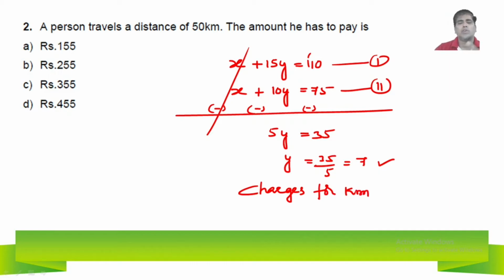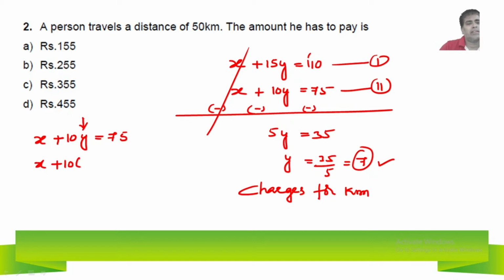So how much are they charging? 7 rupees they are charging. If I substitute this 7 in the second equation, what is the second equation here? x plus 10y is equal to 75. So substitute the y value 7 here: x plus 10 into 7 is equal to 75.